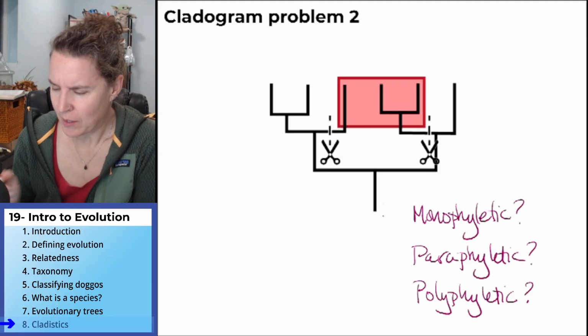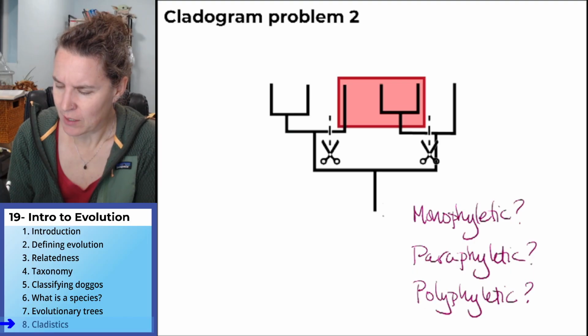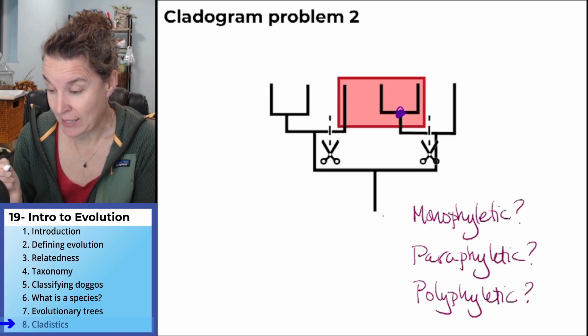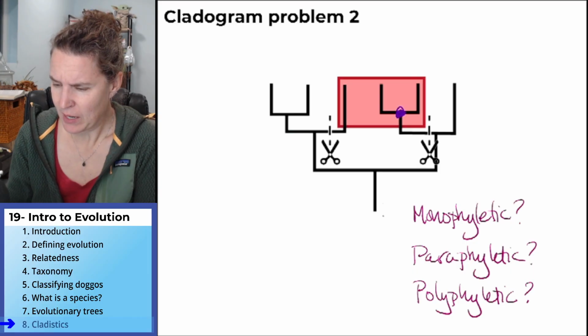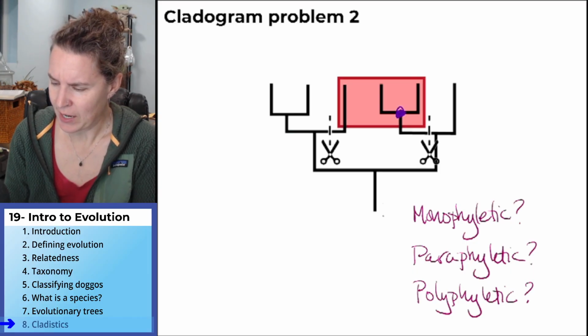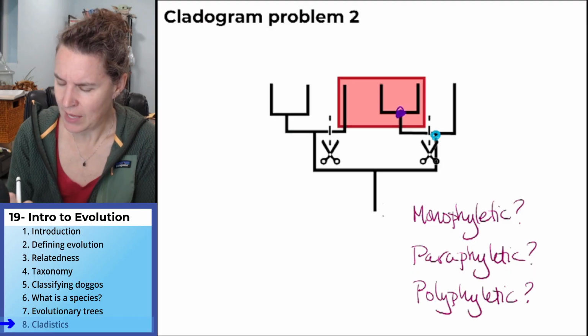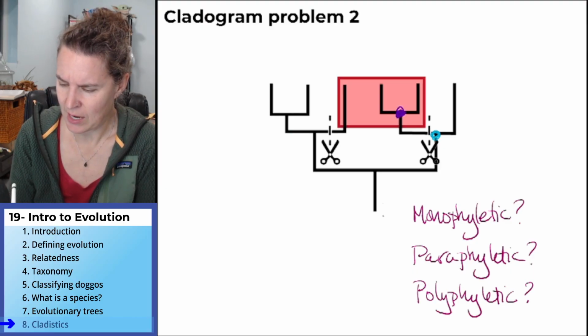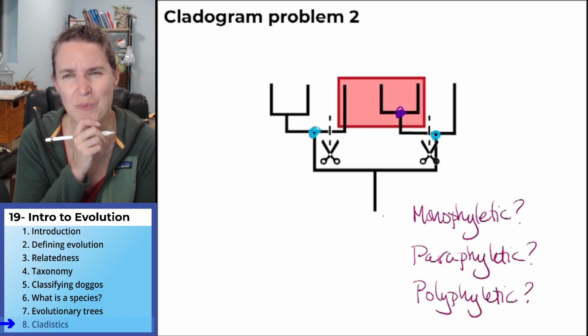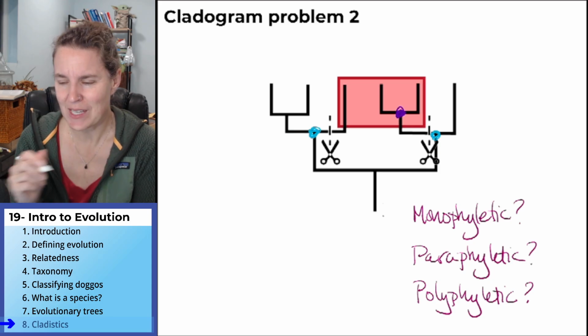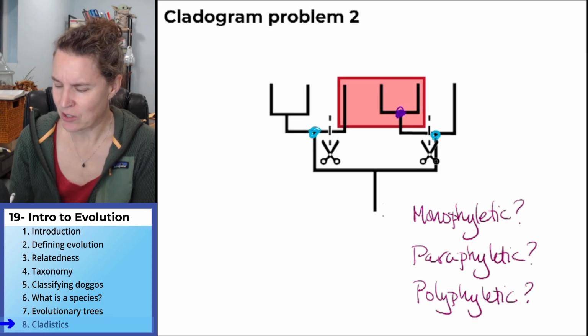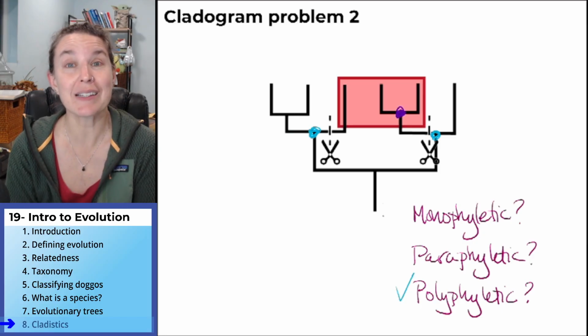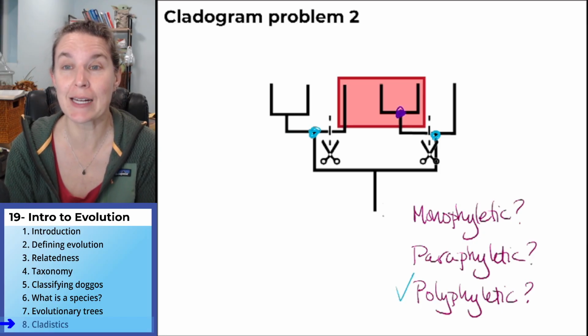Should we try another one? What about this one? We have one ancestor, but I'm just going to highlight our other ancestors. That ancestor gives rise to this guy. This ancestor gives rise to this guy. What kind of group is this? We barely have any ancestors at all. I'm going polyphyletic. That's a polyphyletic mess right there.